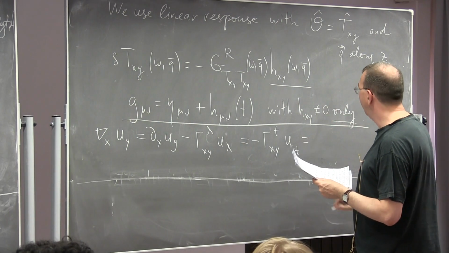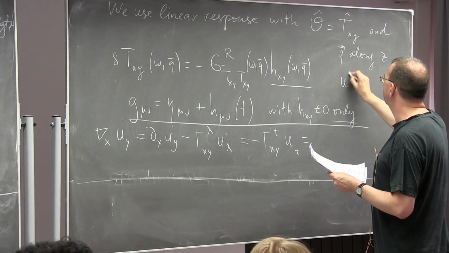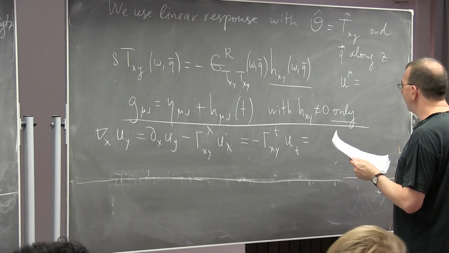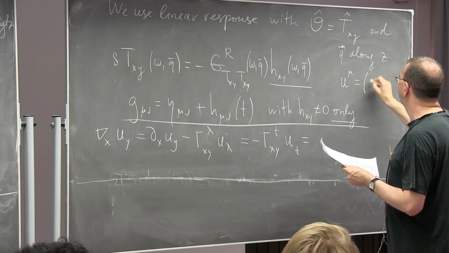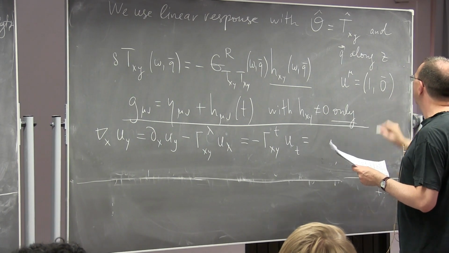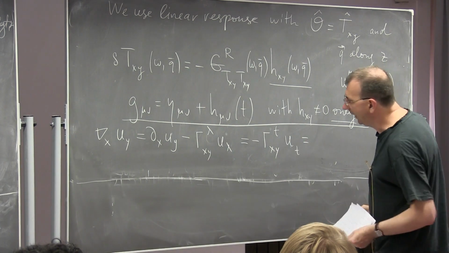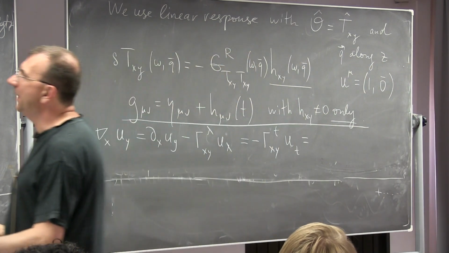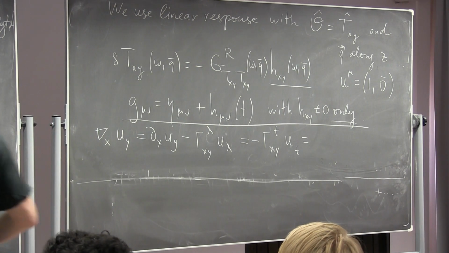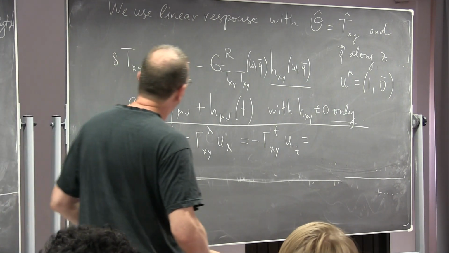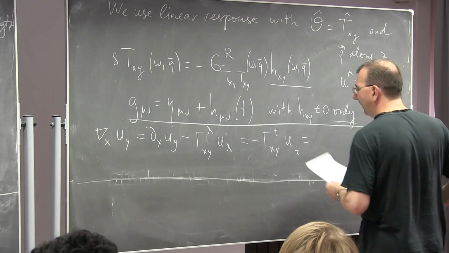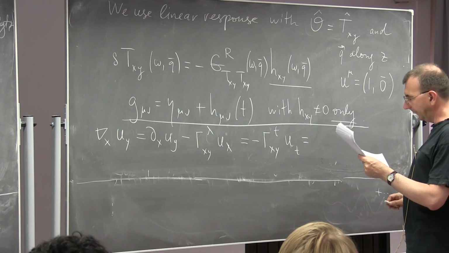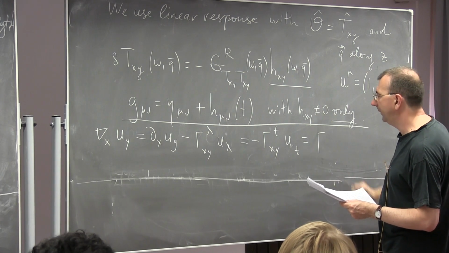You can convince yourself that u mu remains the same as u mu at rest. So if you have this particular perturbation, the only change will come through the covariant derivatives, through the Christoffel symbols, and not through the derivatives themselves. This is a computation that you can do and convince yourself while doing it.